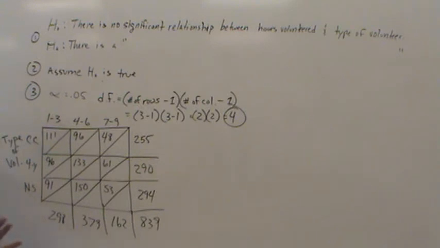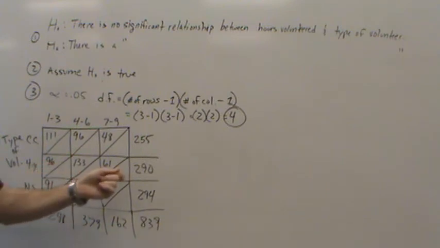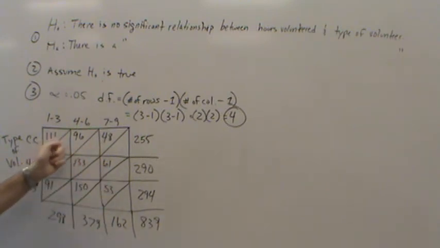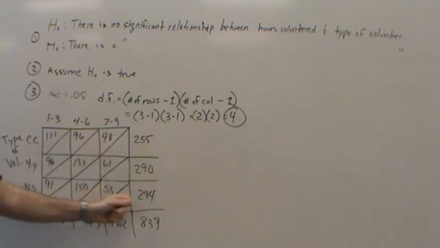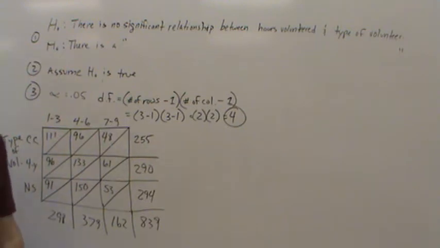That should make sense from our discussion from Chapter 3 on conditional probability. Independence means there's no relationship between the two. It doesn't matter which type of volunteer you are, the number of hours should all match. So the distribution of frequencies across hours for each type of volunteer should be about the same.